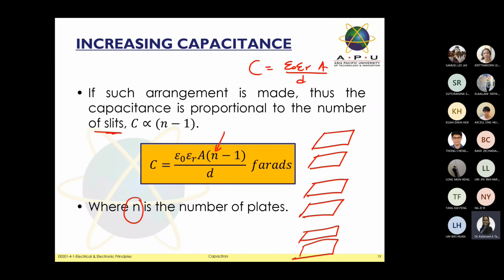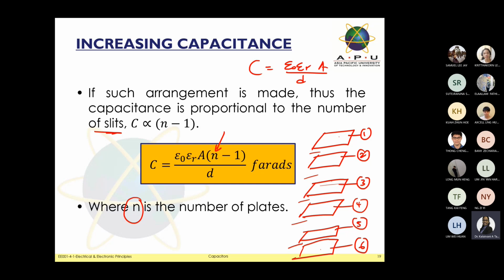For example, one, two, three, four, five, six. I just put the numbers here, easy for us to define. Just think that you have six plates: plate one, plate two, plate three, plate four, plate five, and plate six. The most important thing we're going to see is the space between the plates.